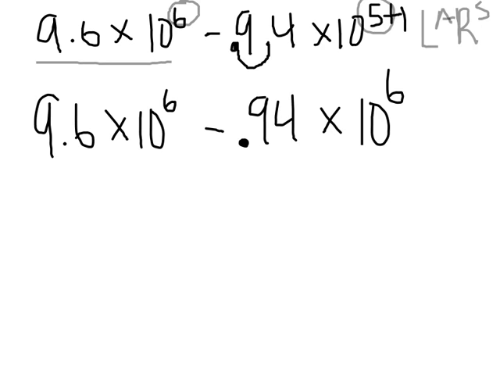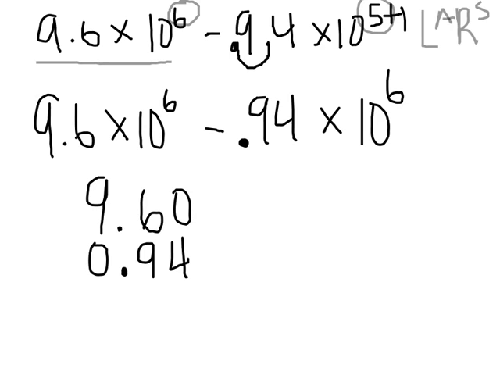It doesn't matter that your coefficients are not between 1 and 10. We can fix that later if we have to. Right now, all I'm concerned with is lining up decimals and filling in any zeros that we might have. All right. Now, I can't subtract 4 from 0, and I cannot subtract 9 from 16.